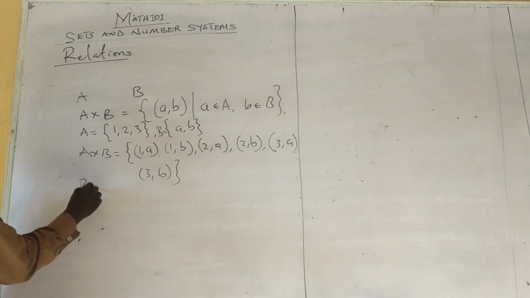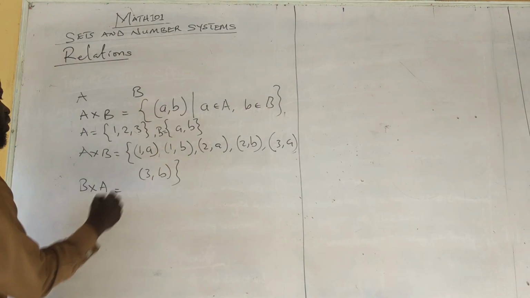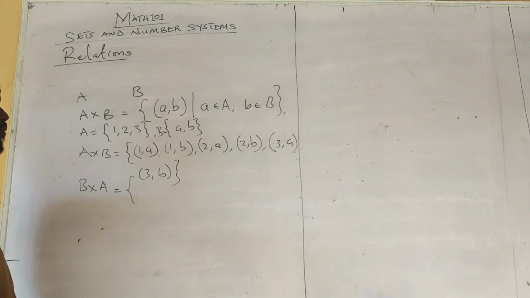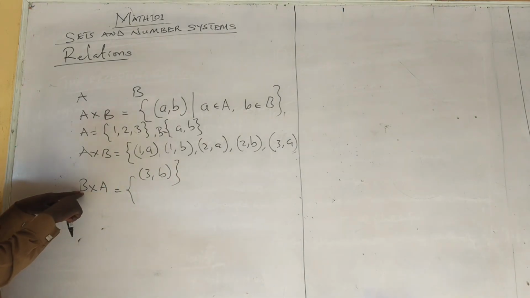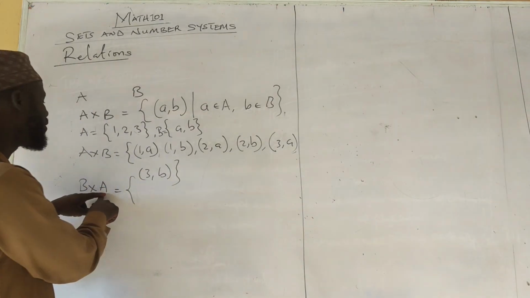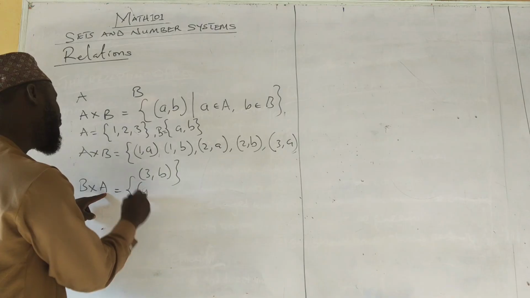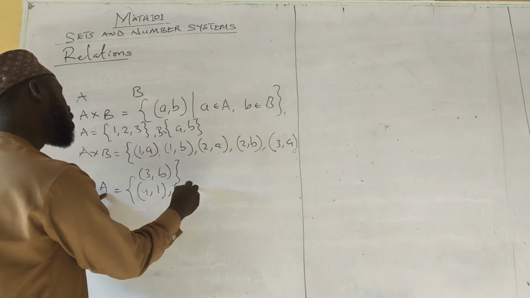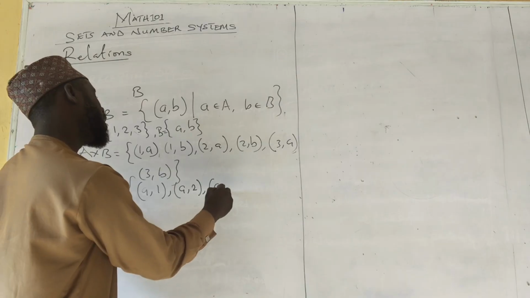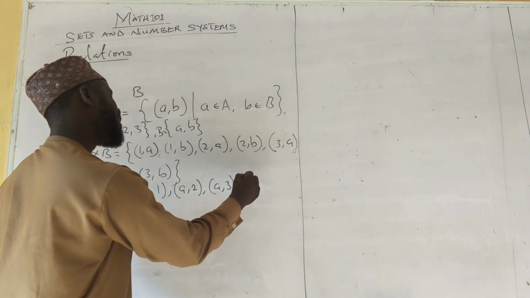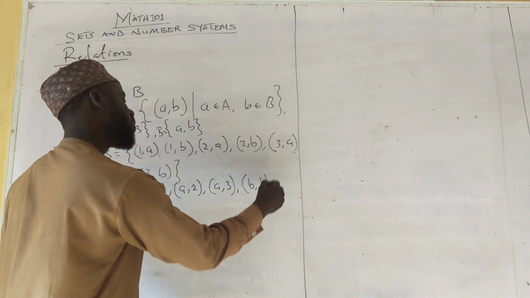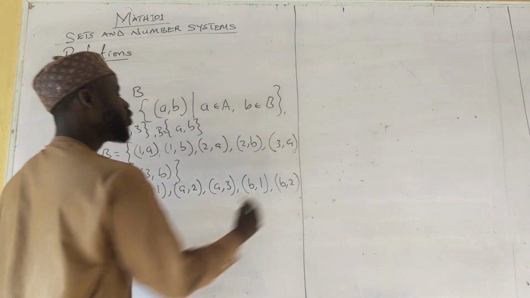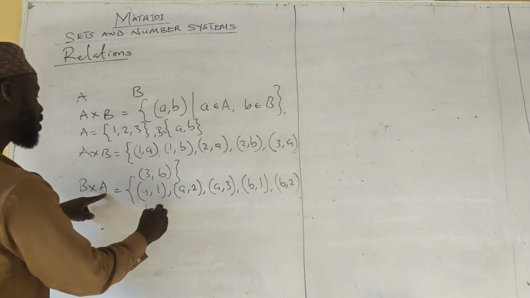Can we find B cross A? Yes, we can. This is the set of all ordered pairs where the first element is coming from B and the second element is coming from A. So we have (a, 1), (a, 2), (a, 3), and (b, 1), (b, 2), (b, 3).